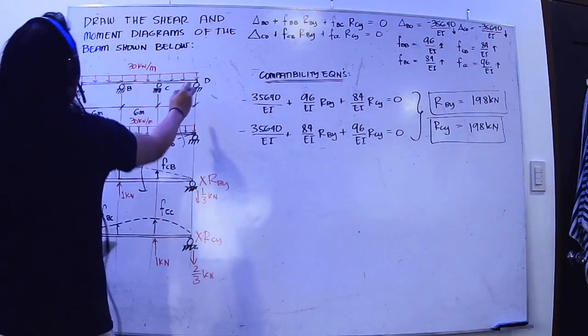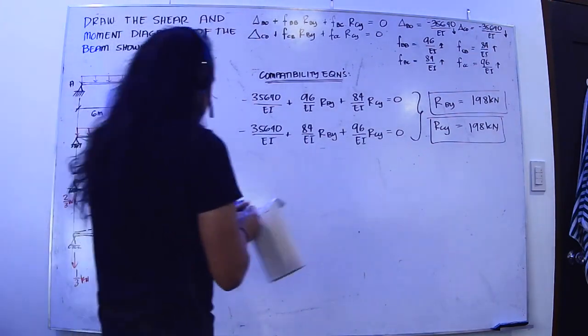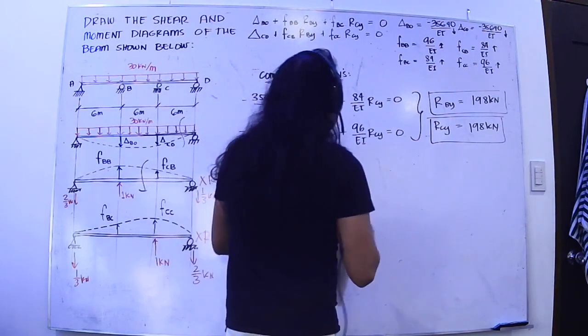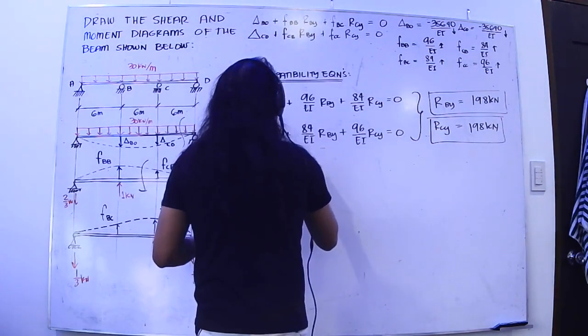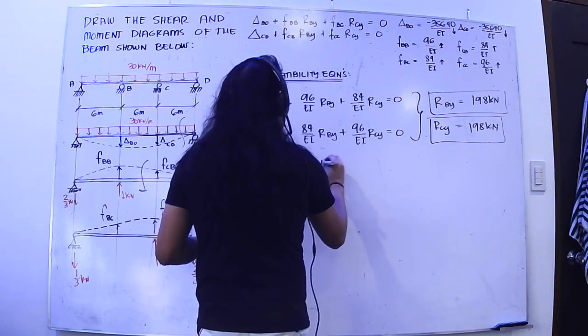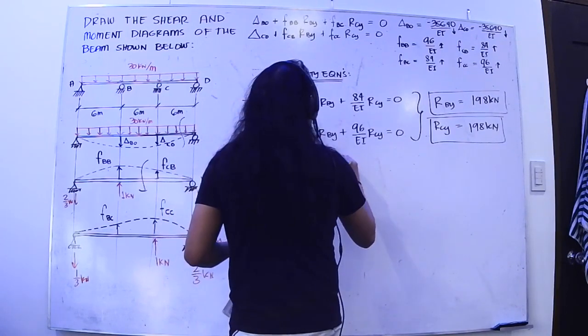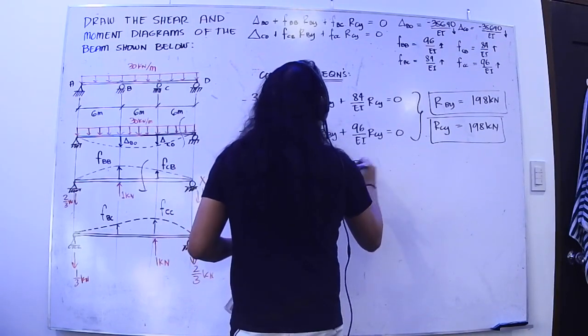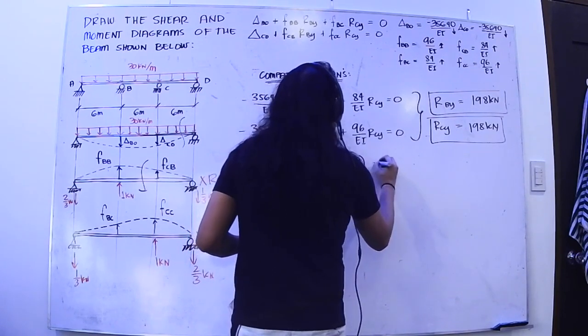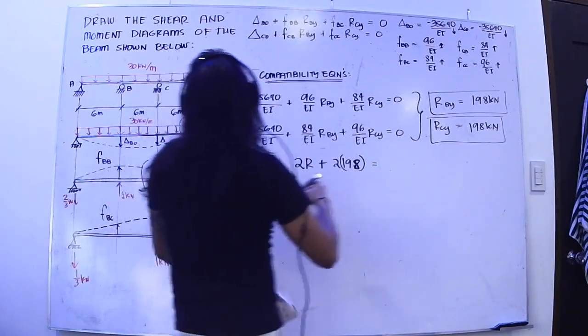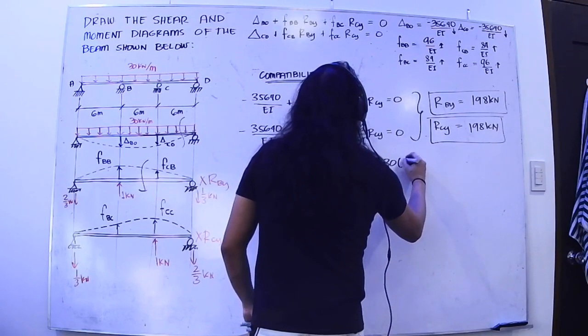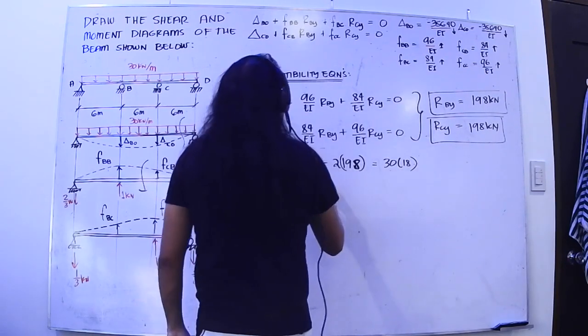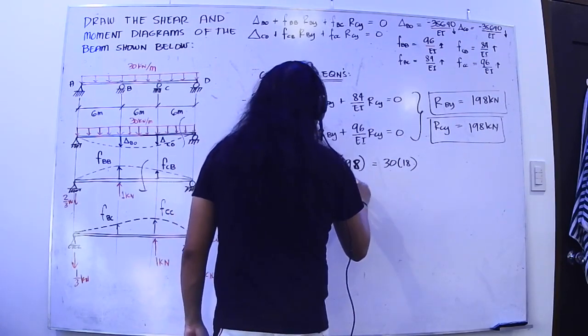Then solve for RA or RD, they are equal. So 2R plus 2 times 198, these are going up. Going down is 30 times 18. R should be equal to 72.